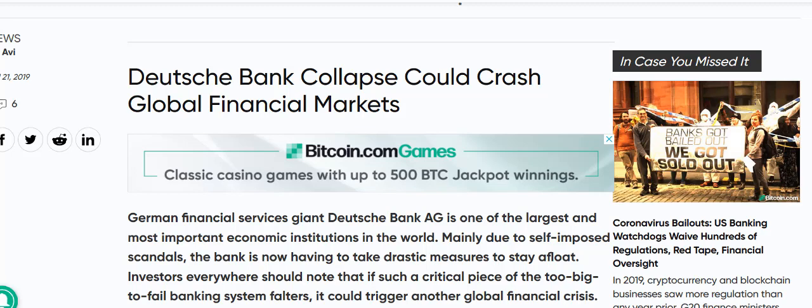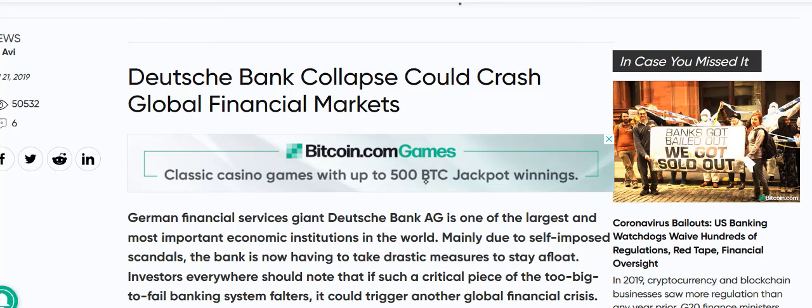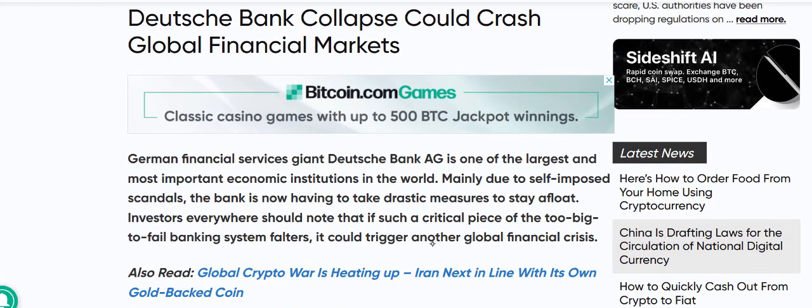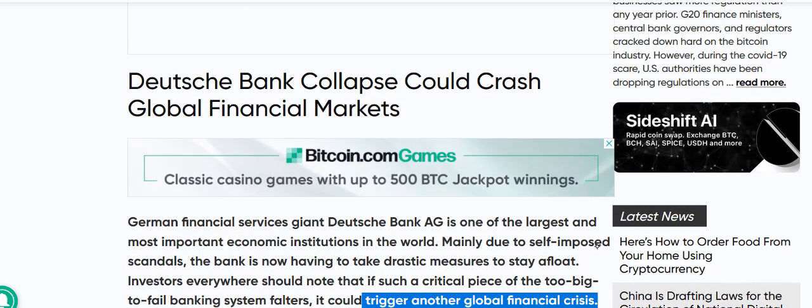And one of the theories that people suggested is Deutsche Bank could crash, the one in Germany. Because Deutsche Bank is such a big bank, a crash in Deutsche Bank can trigger the crash in the global economy. And if you read the headline, they say it could trigger another global financial crisis.